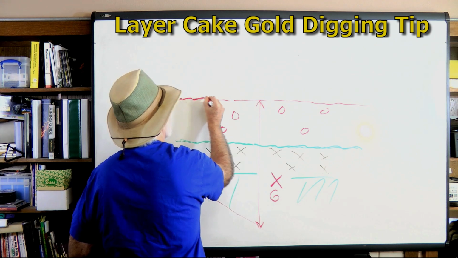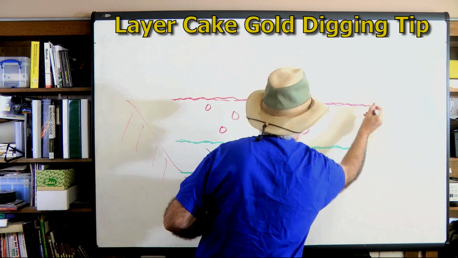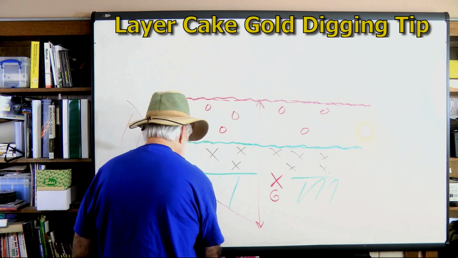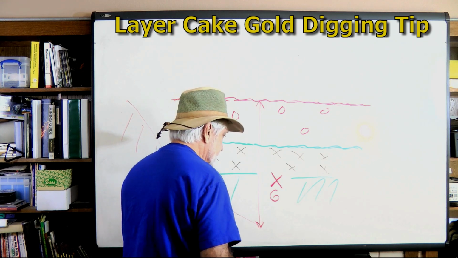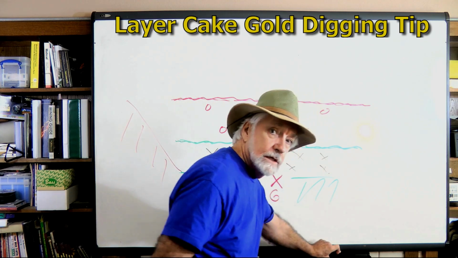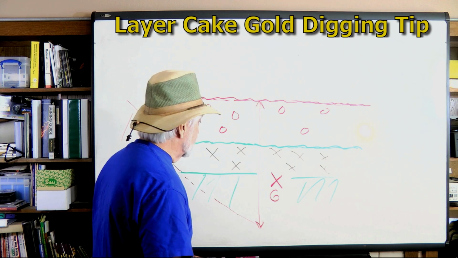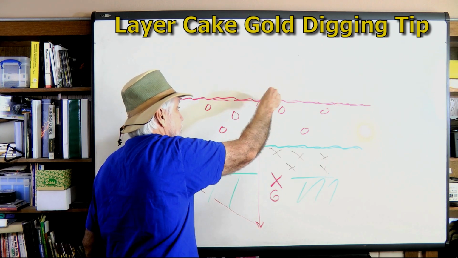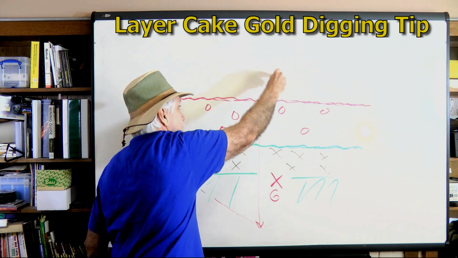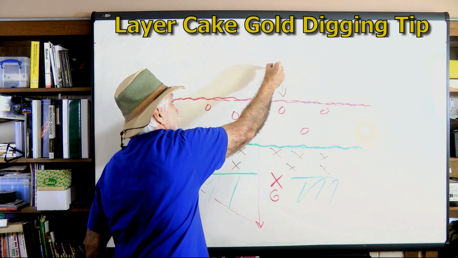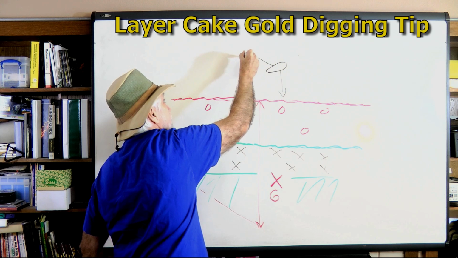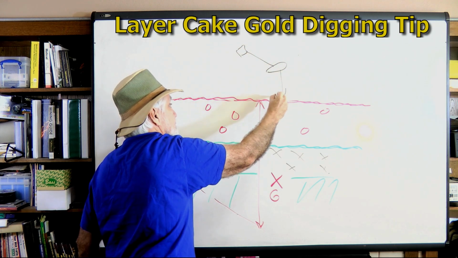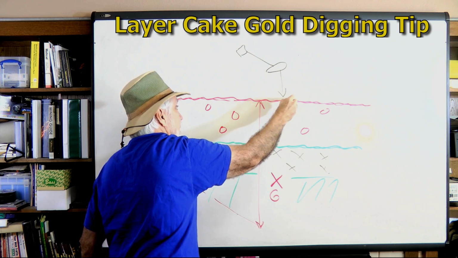As you start to dig, you're going to do something like this, and there'll be a tendency in digging to want to go for the gold. Let's say we got our detector out and it said the gold's right there. Our detector found it, and it says the gold starts right here, so start digging here.